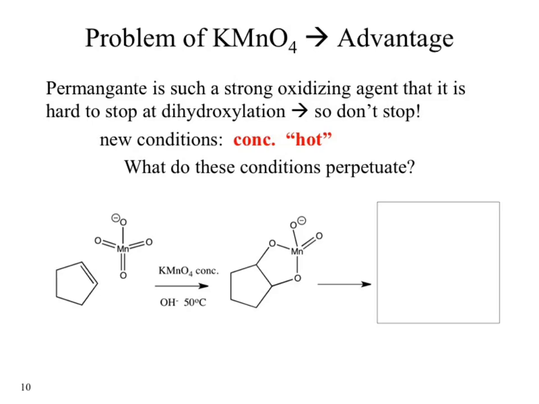You keep the permanganate attached. It doesn't cleave off. The only reason it can come off is because there's nothing else to help change that structure. So if we put in a lot of permanganate, now it can't get cleaved off as easily. It's now stuck on there. So that's our first condition. The concentrated permanganate keeps that on.